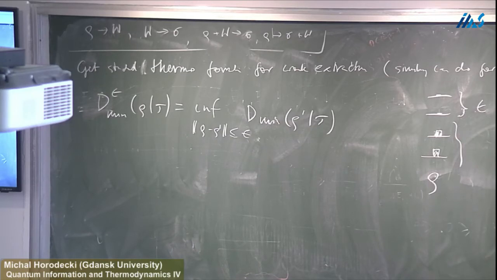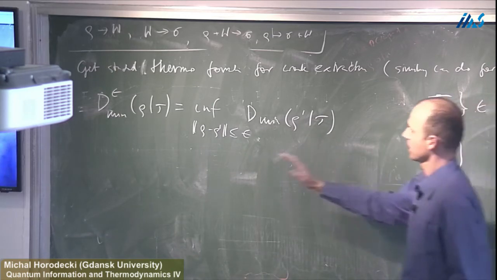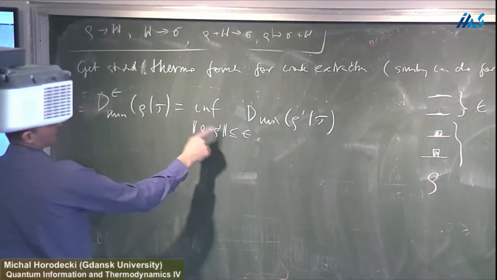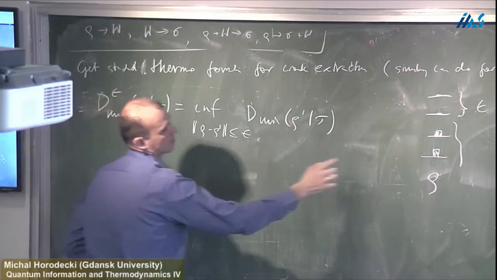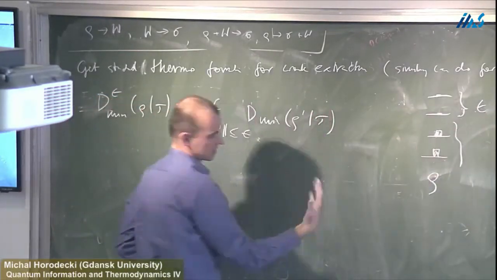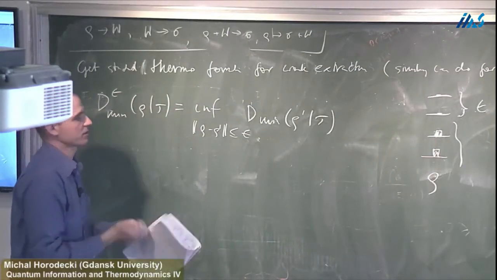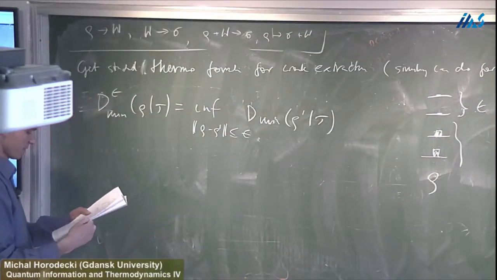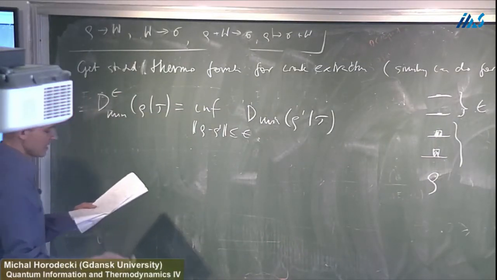According to our rigid formulas that I presented to you, this will have a nice answer: some non-zero work. While for rho, according to the rigid formula, the work would be 0. So instead of taking this rigid, I just smooth it. I try to find a state which is close by epsilon, but still allows for some non-zero work.